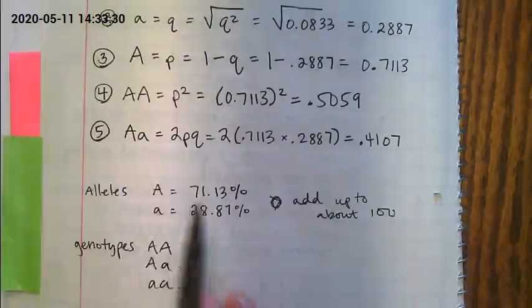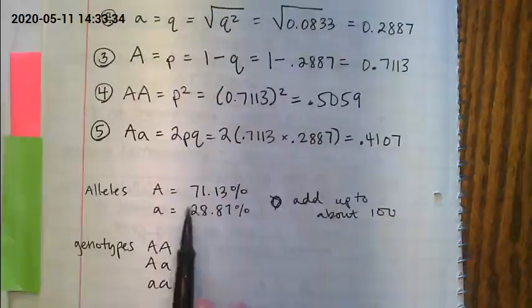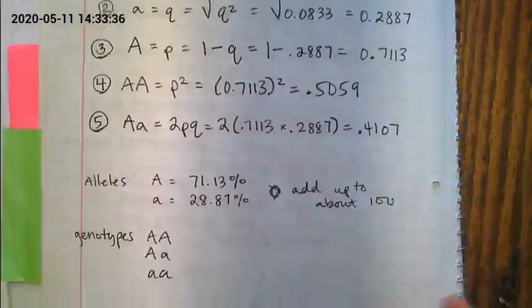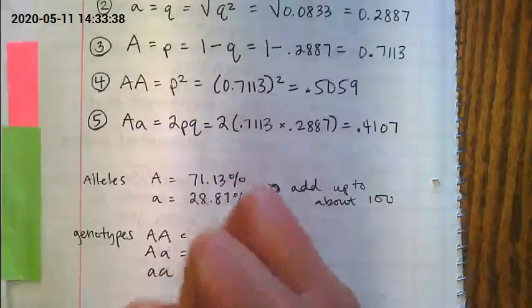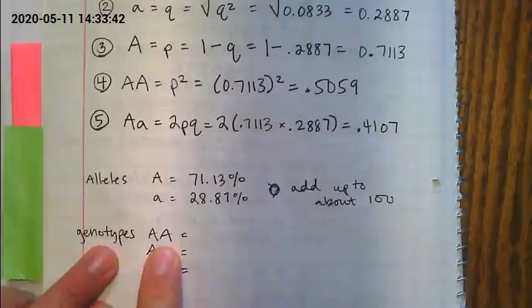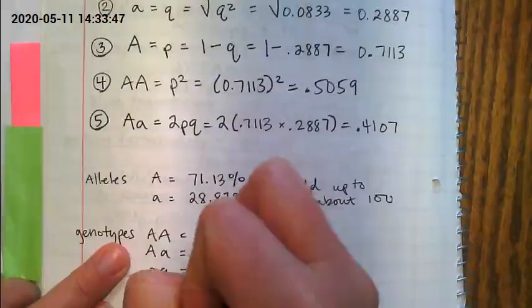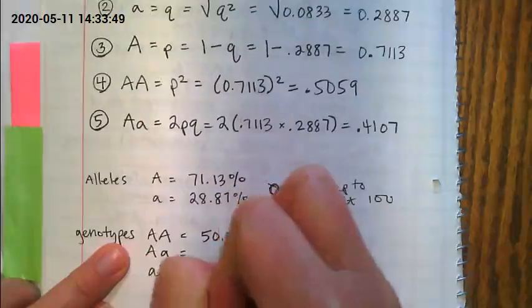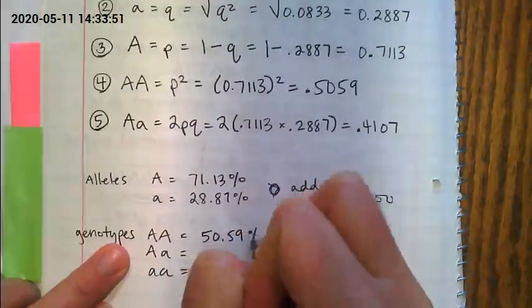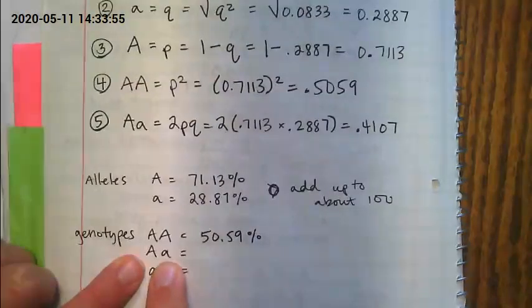So in this population, 71% of the population has dominant A's, 28% have recessive A's. Okay, let's look at our genotype percentages. What percentage of the population is homozygous dominant? Very good, 50.59%. What percentage is heterozygous?